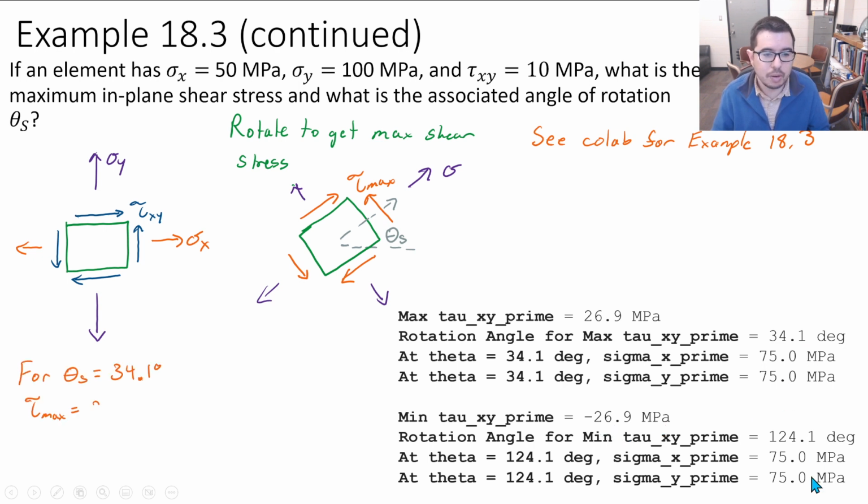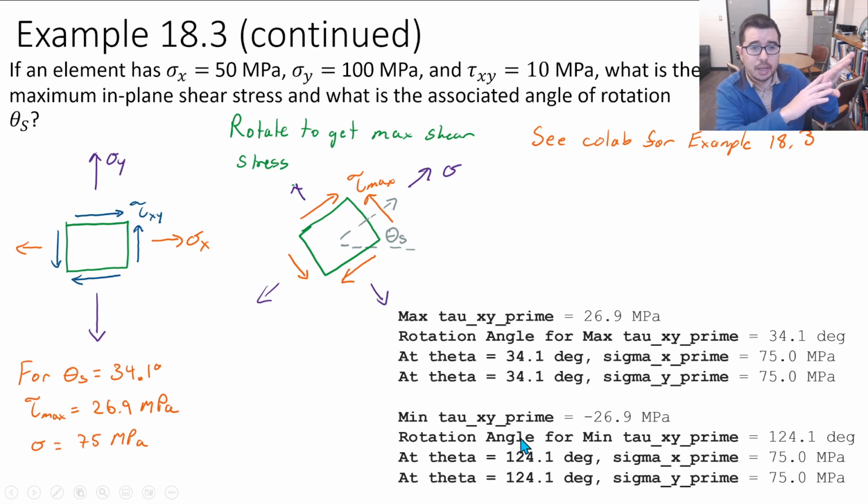And we see that there are sigma x prime and y prime that are the same, corresponding with this maximum shear stress or this minimum shear stress at specified angles that we've calculated as well. Again, this is finding points. There's 1,000 points sampled on these curves, and I'm saying, okay, find the ones that are closest, or the minimum or the maximum, for the shear stresses.